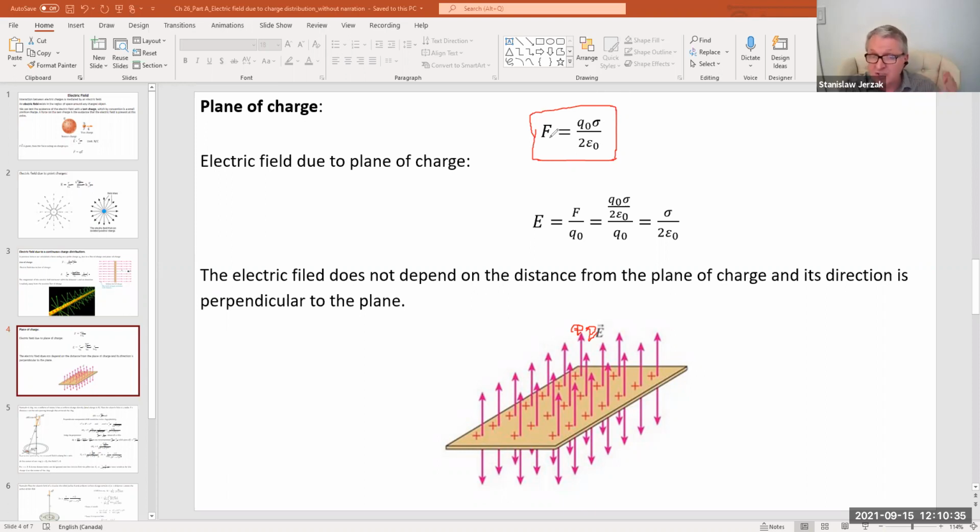And remember, I was emphasizing that that force does not depend on the distance from that infinitely large plane of charge. So this is the force exerted on Q0 by that infinitely large plane of charge.